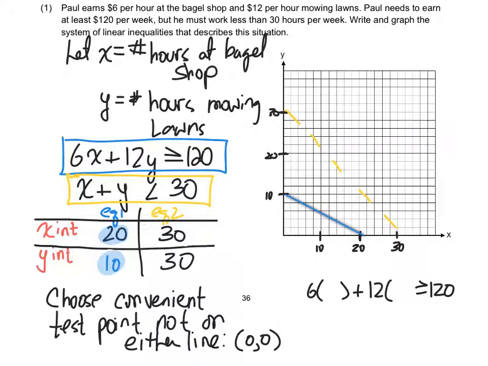And we're just testing for truth. Can close the parentheses. All right, so I'm plugging in my zeros.